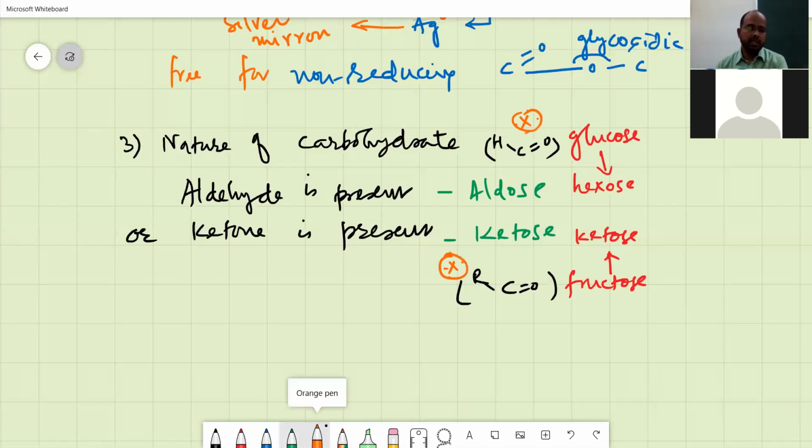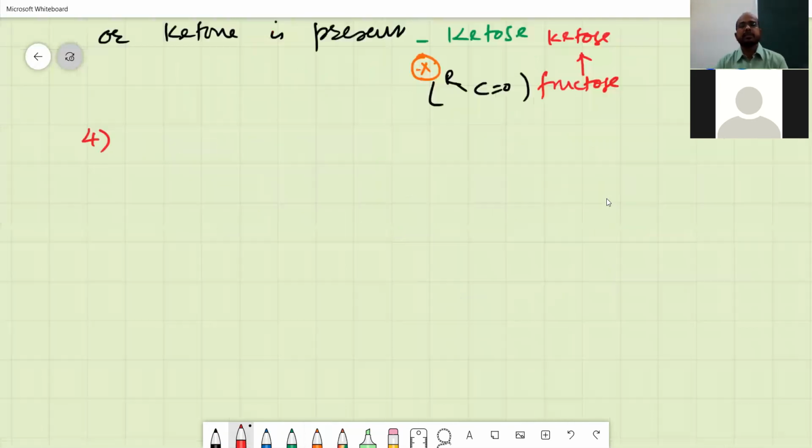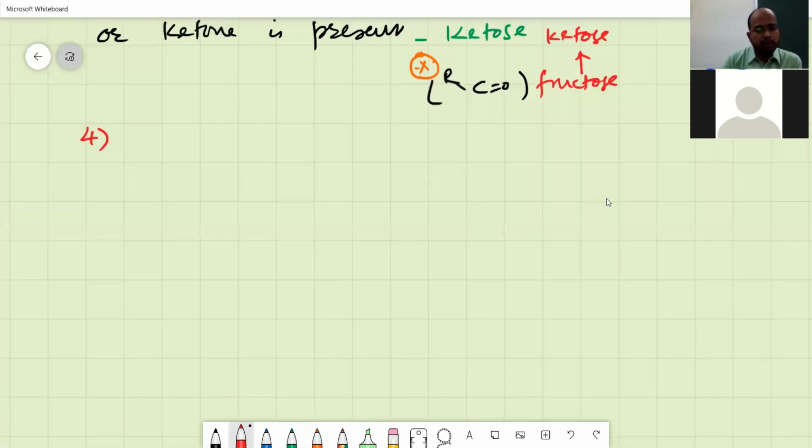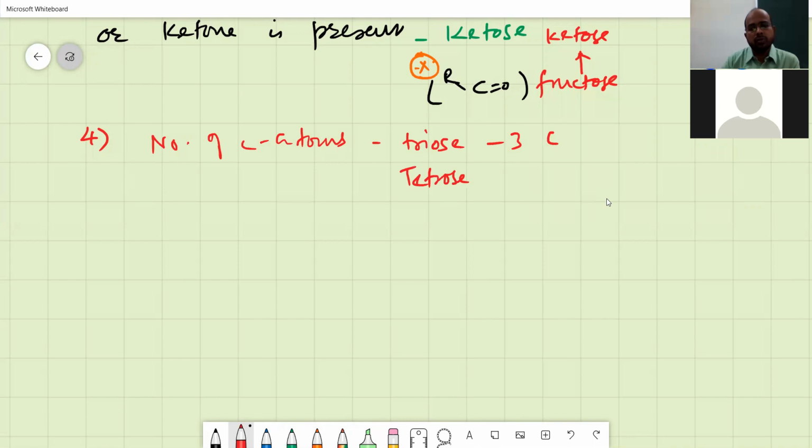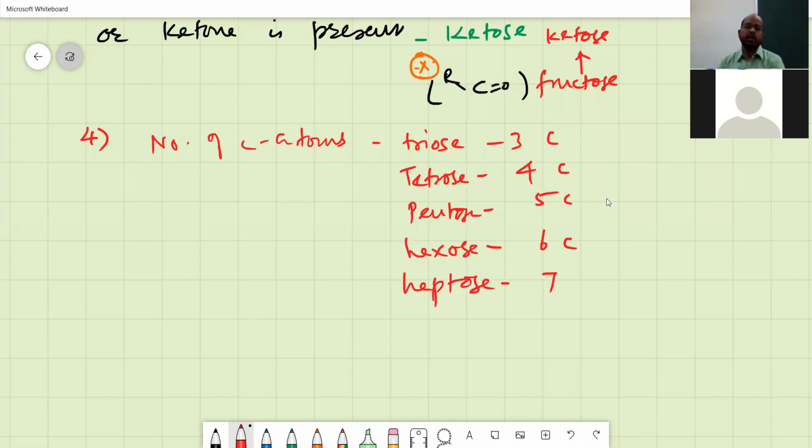Then for the fourth part, the number of C atoms. You can have triose, 3 carbon atoms; tetrose, 4 carbon atoms; pentose, 5 carbon atoms; hexose, 6 carbon atoms; heptose, 7 carbon atoms.